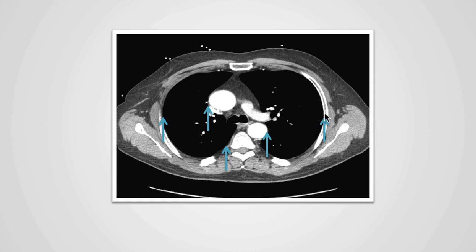We can predict that there will be a border formed by the lung and the mediastinal structures here, in this area, and here. And we can also predict that there will be an interface or border created by the lung and the chest wall here.